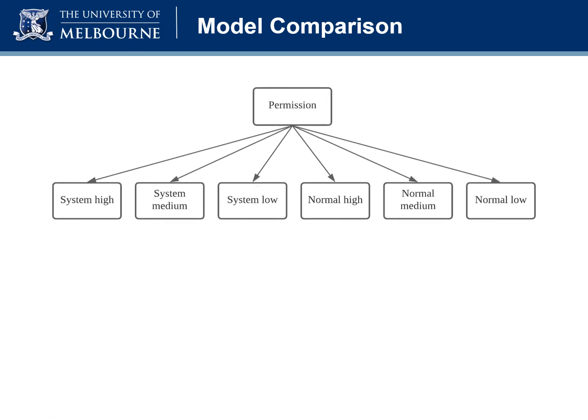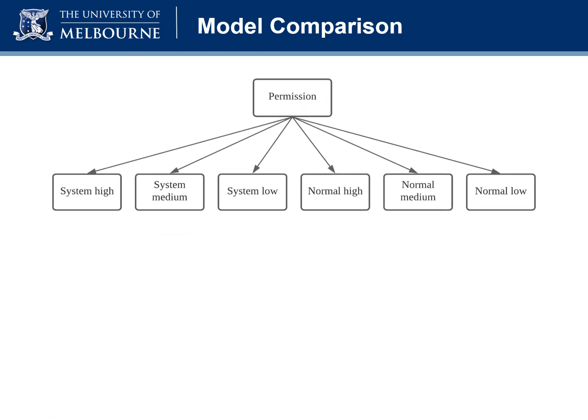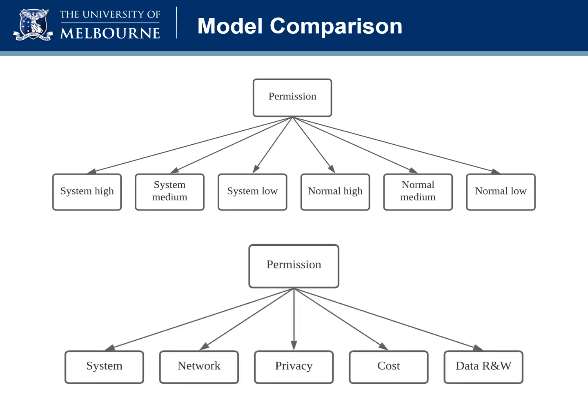So I referred to another article. From the second reference, I know what permissions called by the application will affect the security. I sorted them into categories and generated a new subcriteria level: system, network, privacy, cost, and data read and write.